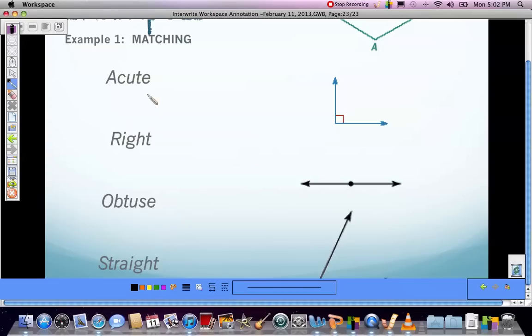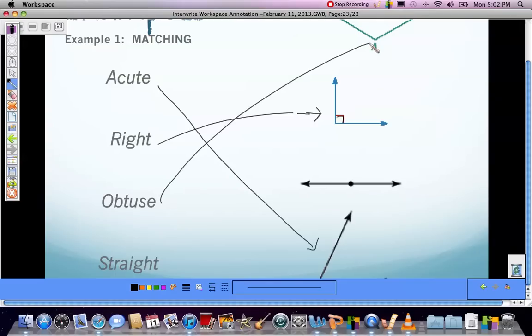It's actually this one down here at the bottom that is less than 90 degrees. Remember, acute means less than 90 degrees. Your right angle is always indicated by the little box here, so we know that's the right angle. Obtuse is this large angle up here. It's greater than 90 degrees, so that's definitely an obtuse angle. And then straight, of course, is your straight line.